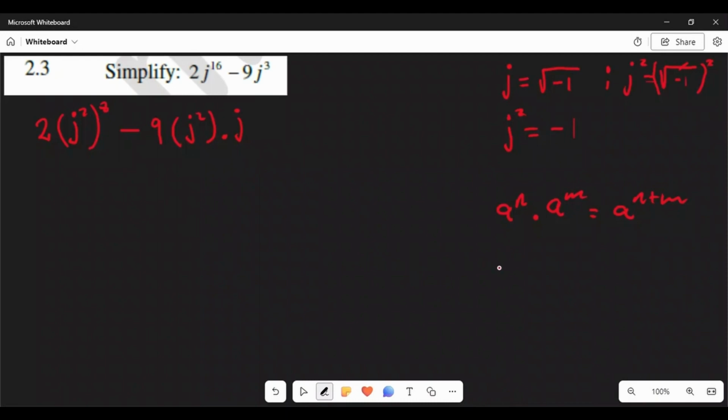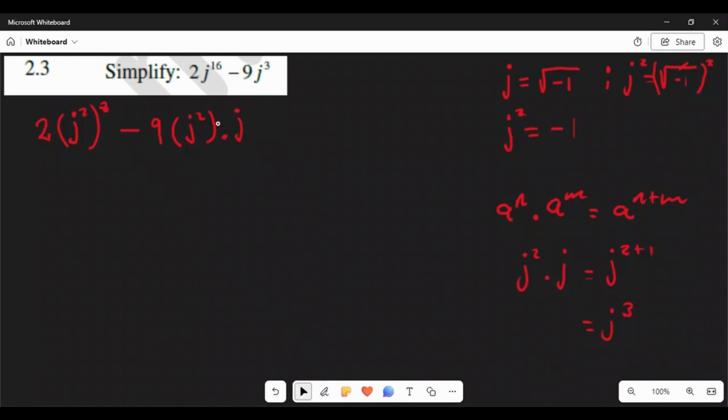Let me show you here, guys. If I say j to the power of 2 multiplied by j, since the bases are the same, the exponents are going to add, so it's going to be 2 plus this one here. So the final answer is going to be j to the power of 3.